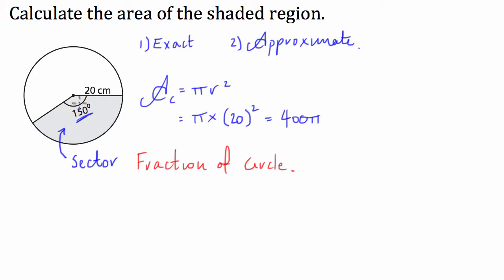So the fraction of this circle, well, the angle that the sector subtends is 150. The angle of an entire rotation is 360. Both of these are divisible by 30.